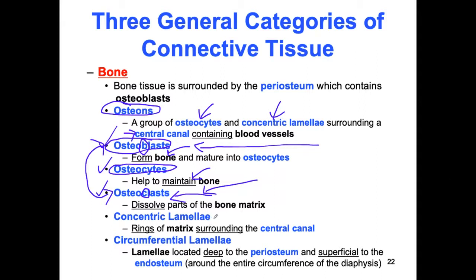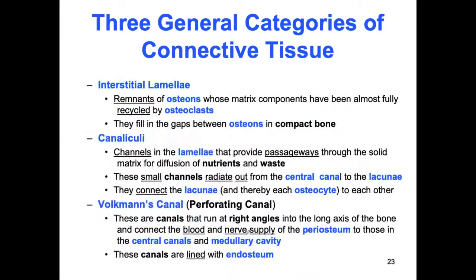The concentric rings are called lamellae. And then there are other lamellae that do not make perfect rings, called circumferential. We have interstitial lamellae. When you have an osteon like this, and then we have all of those concentric rings going around it, right? Those are concentric.